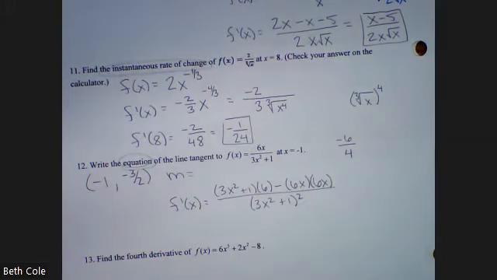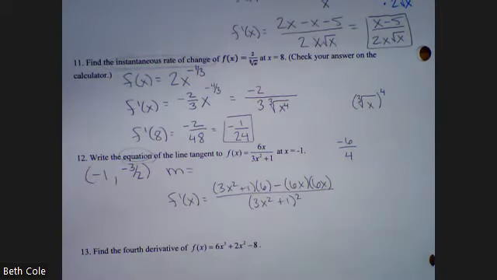Here's my other piece of advice, because I get this all the time. Don't do anything to that. I get people that start doing all this algebra. Algebra is where you're going to make your mistakes. The calculus is actually easy. It's just write that. That's the calculus. The algebra is where everybody messes up. So don't do any algebra if you don't have to. All you have to do is plug in negative 1. That's it. And that will give us our slope.